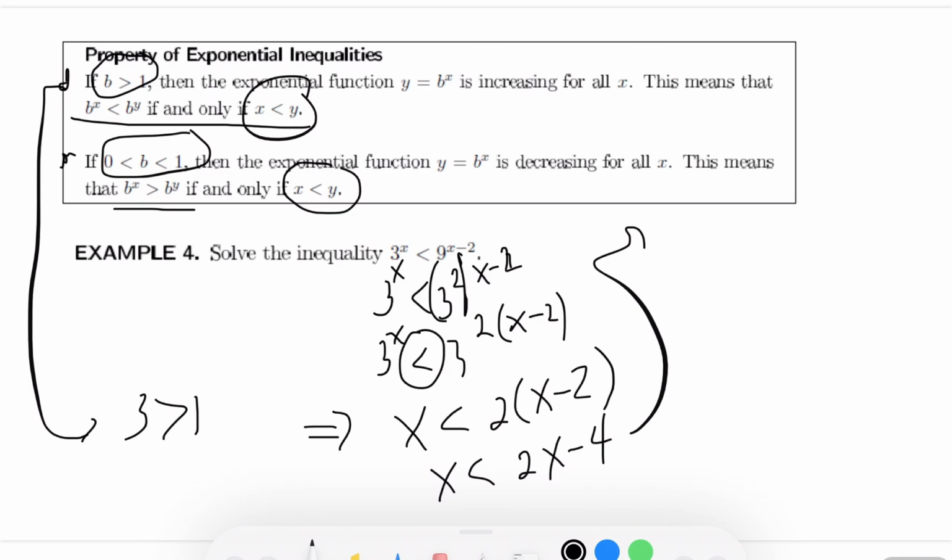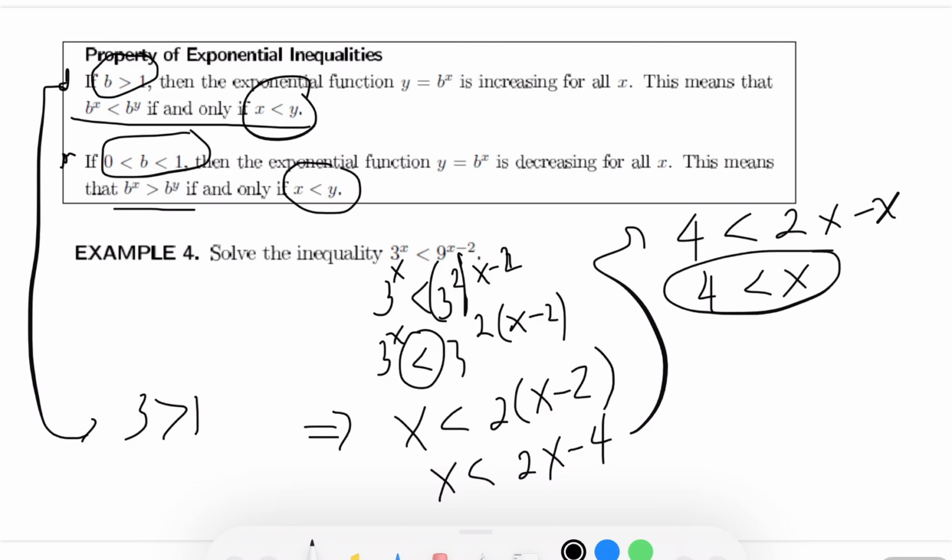We transpose 2x minus x. And then 4 is less than x. So if you draw a number line, we have 4. 4 must be less than x. So meaning, x is on the upper part.